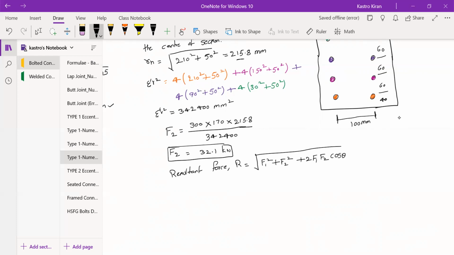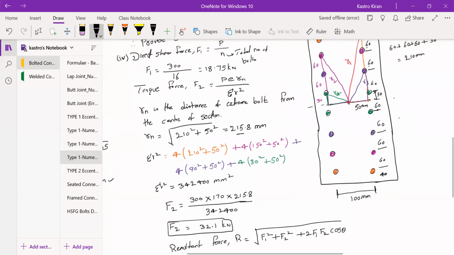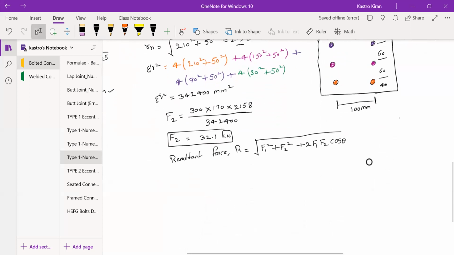Now we know the value of F1 and F2, but we don't know the cos theta value. The cos theta formula is adjacent side upon hypotenuse. Now let's find the cos theta value.